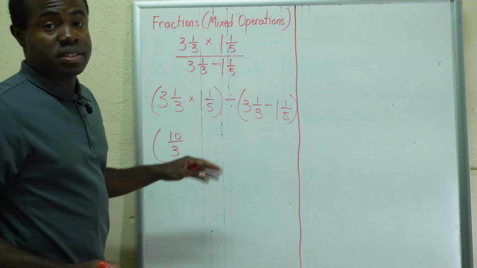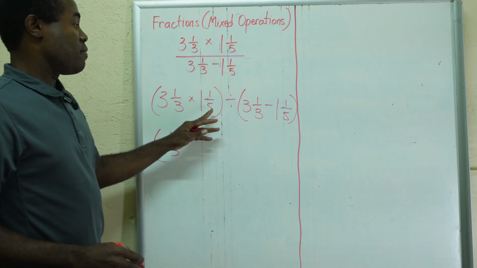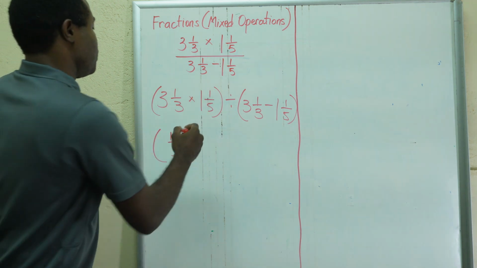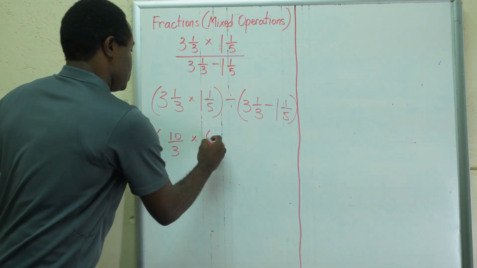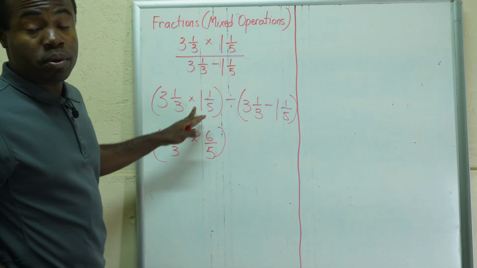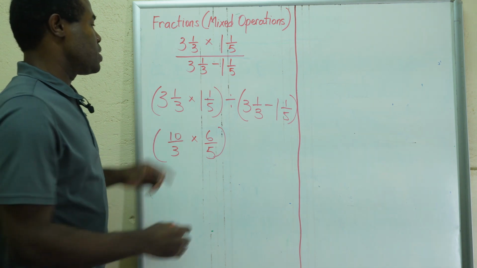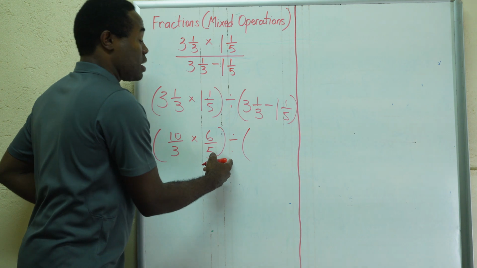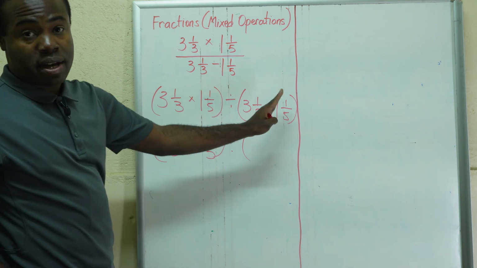It is the same process to convert this fraction, which is 5 times 1, 5 plus 1 gives us 6, which will be 6 over 5. As you can see, I simply put back the multiplication sign, which is there, and I'll now put back the division sign, and I'll now go ahead and convert these.